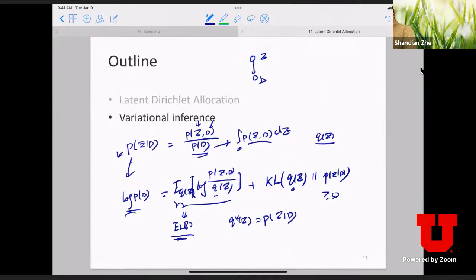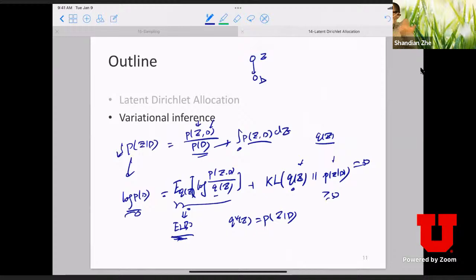Why? Because when it reaches the maximum, the log evidence and the ELBO are equal, and that means the KL divergence becomes zero. The KL divergence is zero if and only if Q of Z is exactly the same as the true posterior distribution. This is called the variational view of Bayesian inference, meaning that the computation of the true posterior can be equivalently considered as an optimization problem.